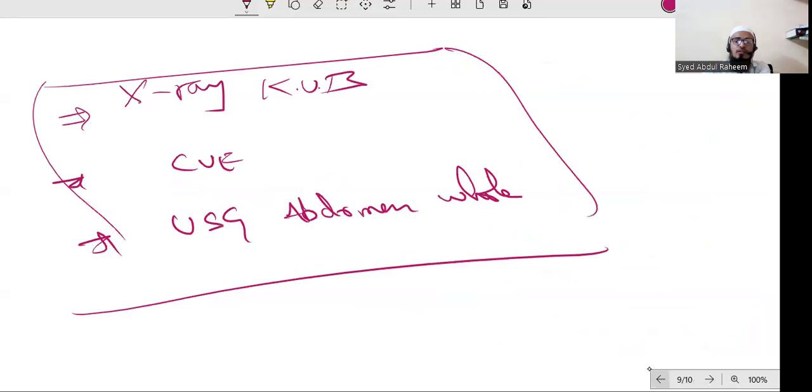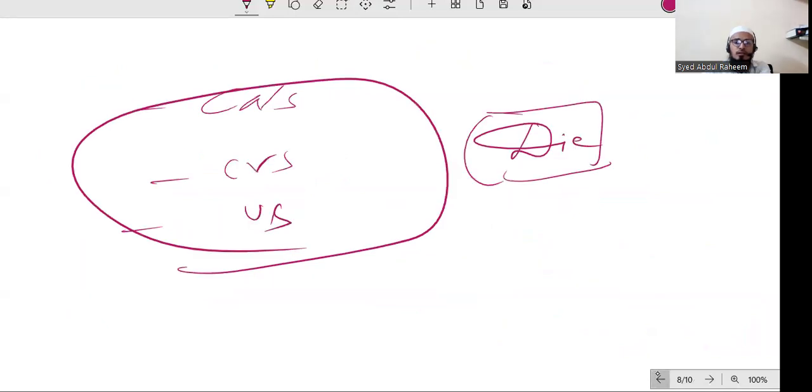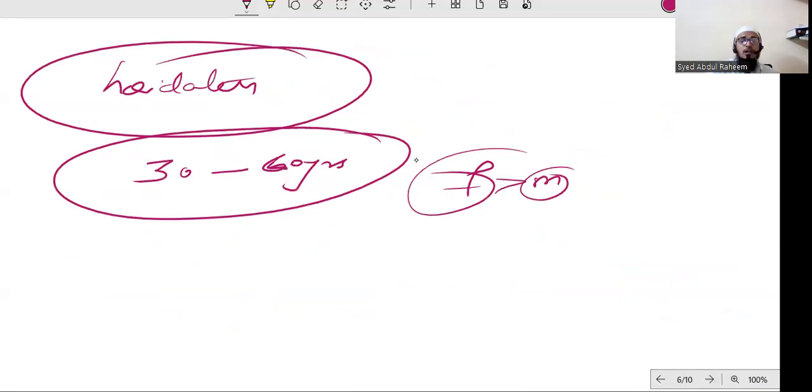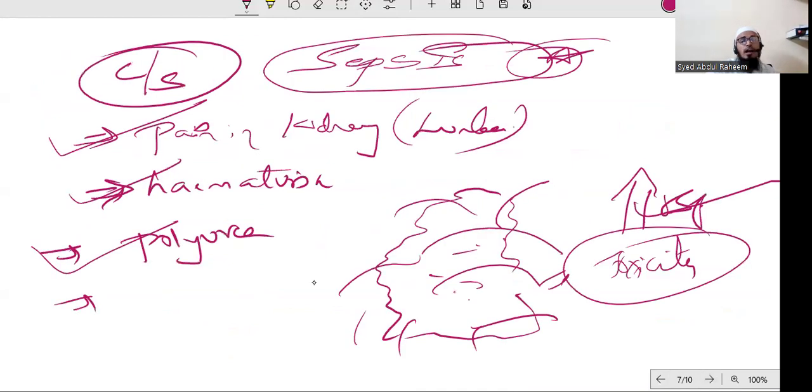So this is all about cyst. It is due to infection or sometimes the cause is unknown. It is the accumulation of fluid in epithelial tissue. It will damage the parenchyma of the kidney. Mostly you see it in 30 to 60 years of age, and sometimes it is hereditary, by birth also. Females are affected more than males.